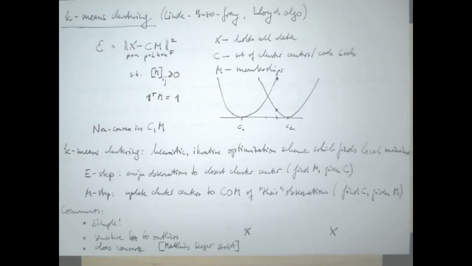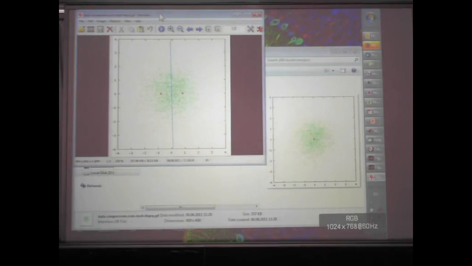I'm showing you a variant here. So this is from a website called datacompression.com. And this is a hierarchical version of k-means, which simply shows how you can train in an iterative fashion by splitting.